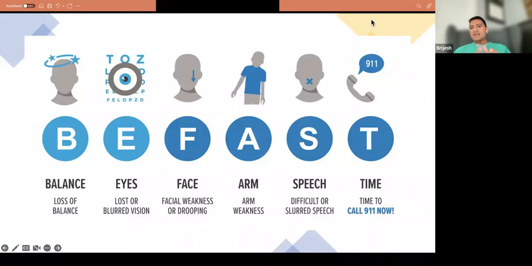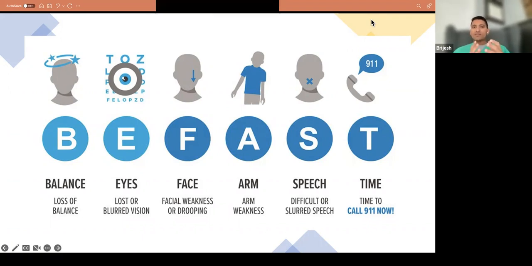The balance and eyes refer to the posterior circulation. As I was mentioning earlier, that's the cerebellum responsible for our balance, and the eyes: the occipital lobe, as well as the brainstem, controlling our eye movements, and the occipital lobe responsible for our vision.